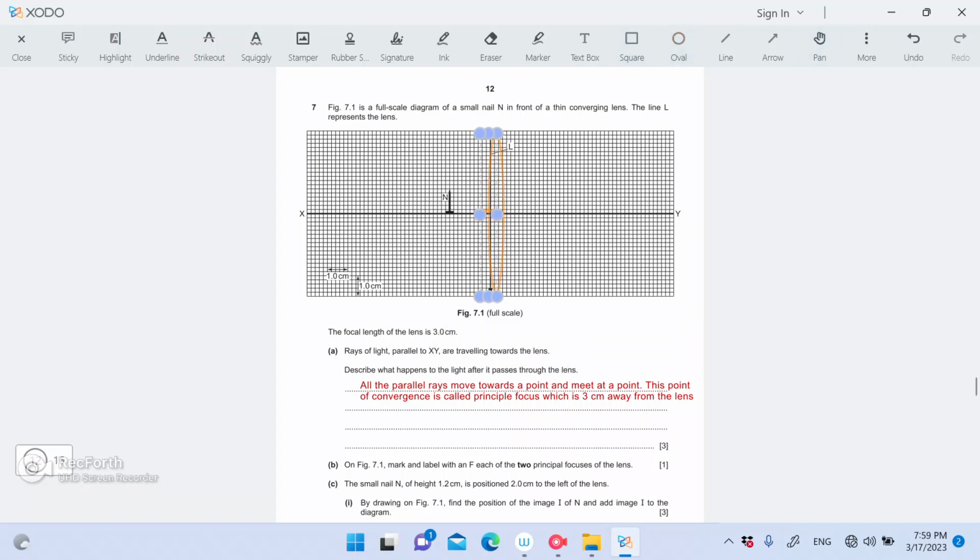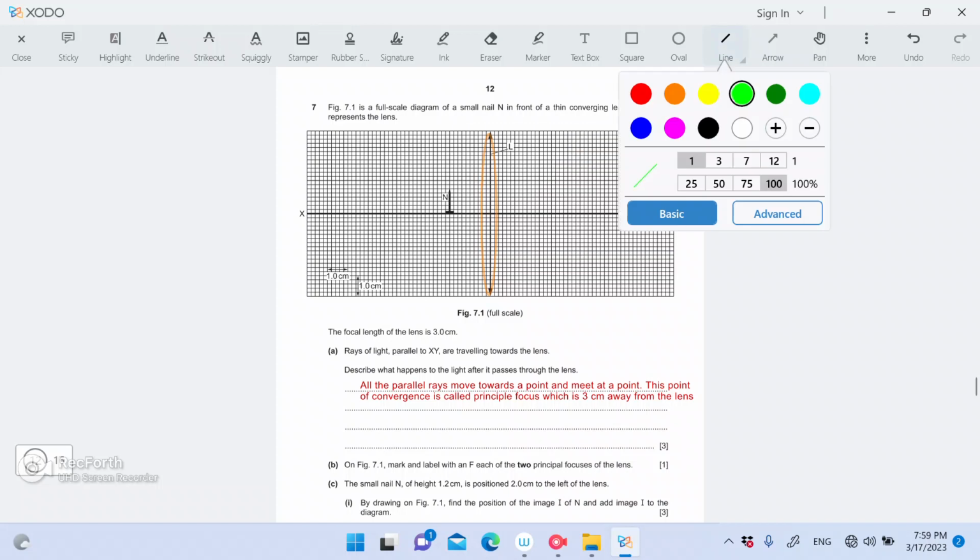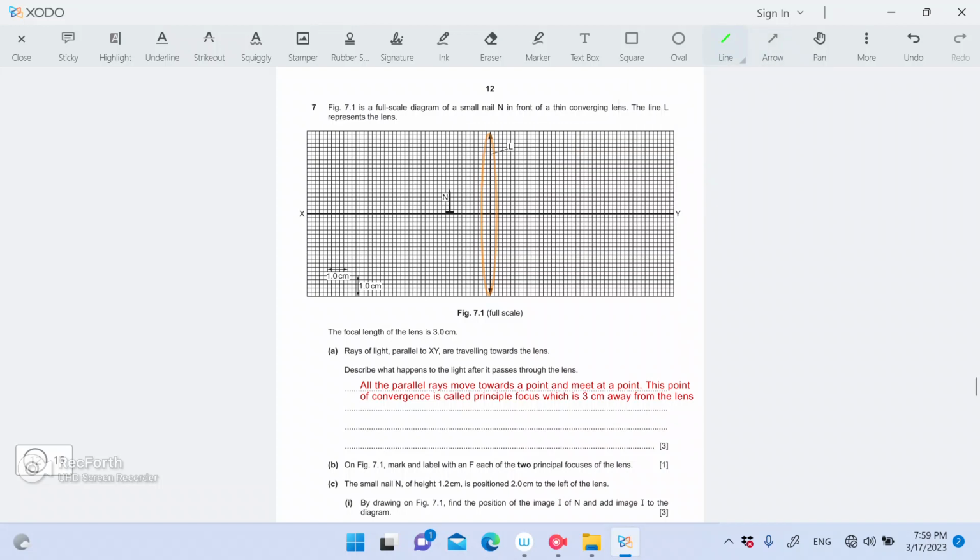This is the lens, the big lens. They should be at the center, right? This represents the lens L. The focal length is 3. The focal length will be 3 centimeter.